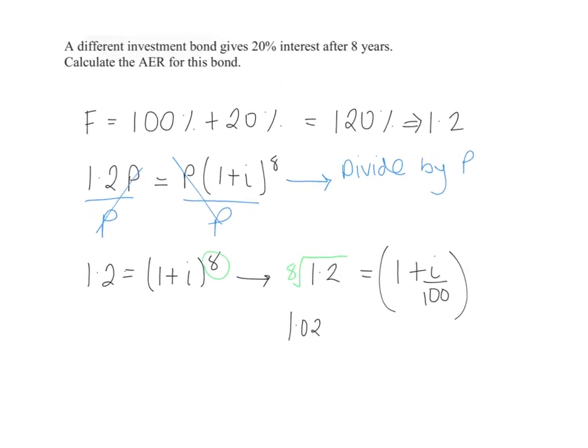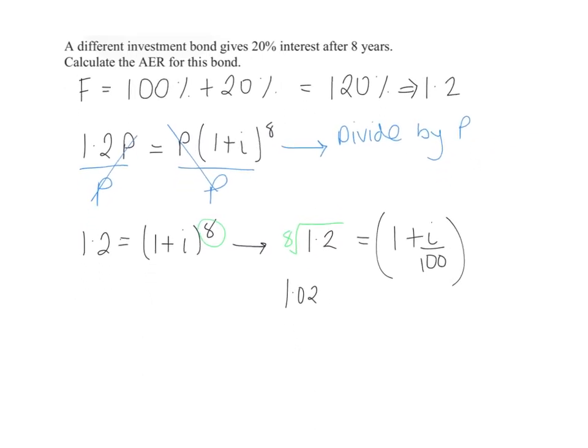I'm going to make this a little bit smaller just so we can have more room. This is going to be equal to the 1 plus I over 100, but we're actually going to take away 1, and it's just equal to I over 100, okay? So I need to get rid of the 1. So what I'm going to be left with then is I'm going to need to multiply to get rid of my 100 here.